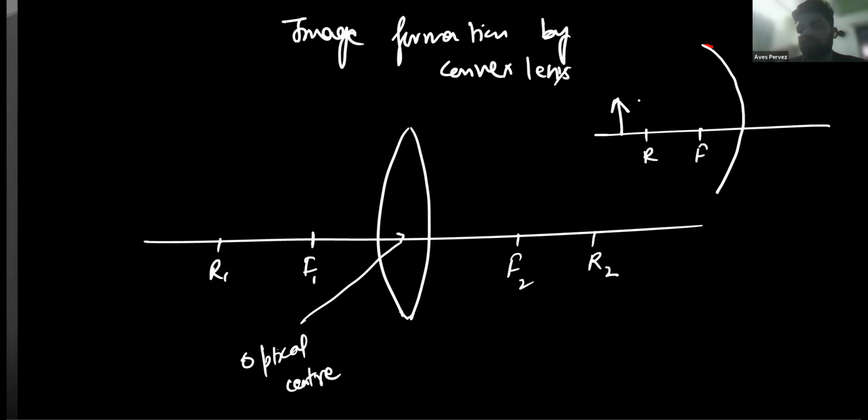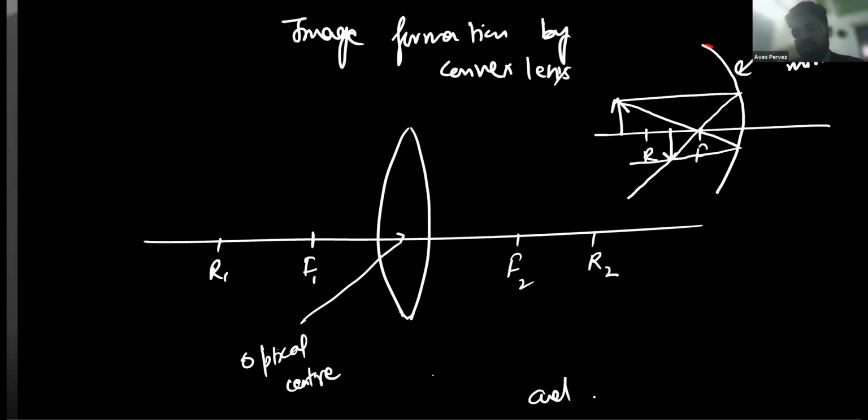If the object is placed beyond R, then its image is going to form between R and F. Similarly, the concave mirror and the convex lens show the same types of image formations.